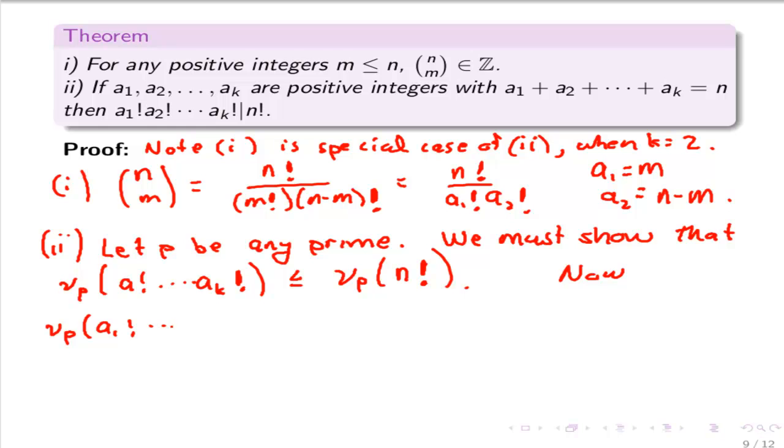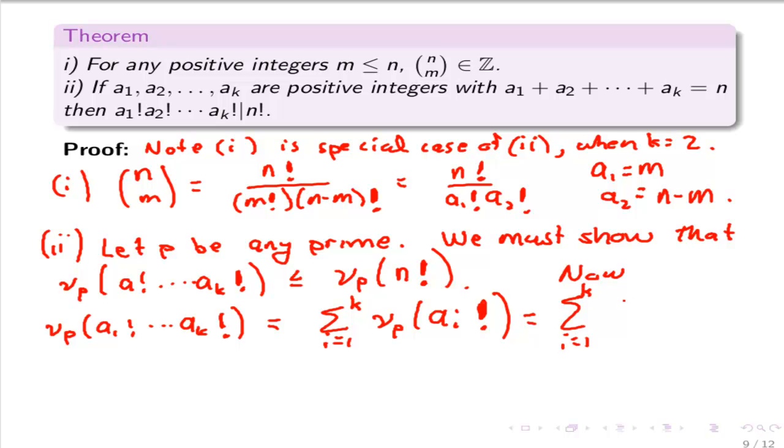a1 factorial through ak factorial. By the product property, the multiplicity of a product is the sum of the multiplicities. So the sum from i equals 1 to k of nu p of ai factorial. And then I use the formula from our last theorem.